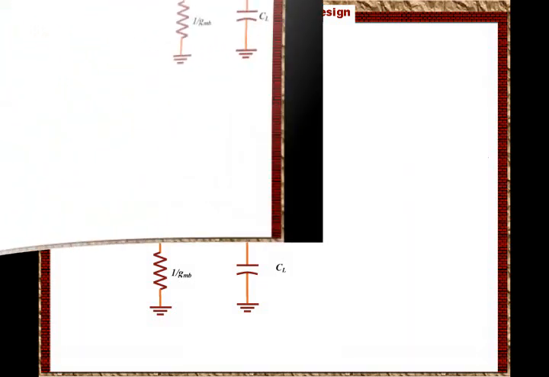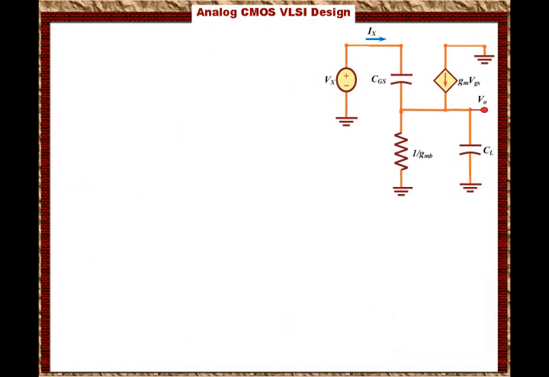Now what we're going to do is evaluate the input impedance by using KVL. By KVL we will say that Vx, which is the input voltage, will equal the current times the impedance of that capacitor, so it will be Ix over s times Cgs.